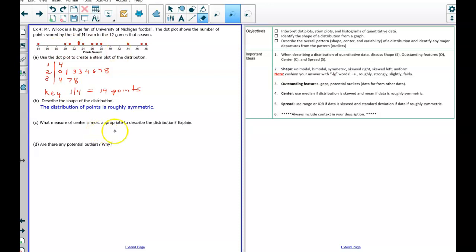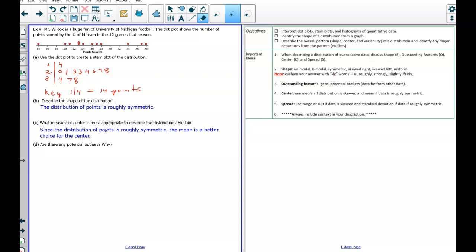What measure of center is most appropriate to describe the distribution? If something is roughly symmetric, you're best using the mean, because that would be most accurate since it actually includes each one of the data values in the calculation. Are there any potential outliers?